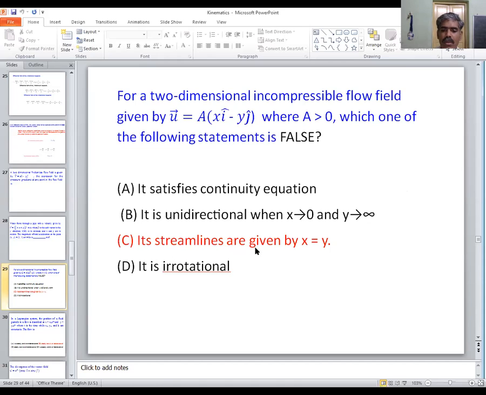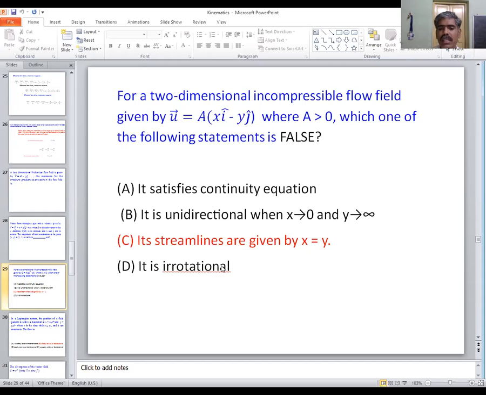Then its streamlines are given by x equal to y. The streamline function is known, and I have to check using this one, finding whether the relation between x and y is x equal to y, or x by y, or x y equal to something. You have to check. Is it irrotational? For the irrotational condition, you have a formula.